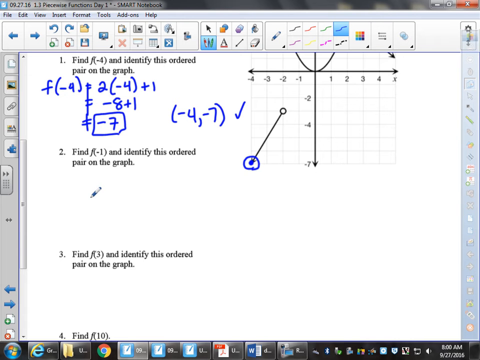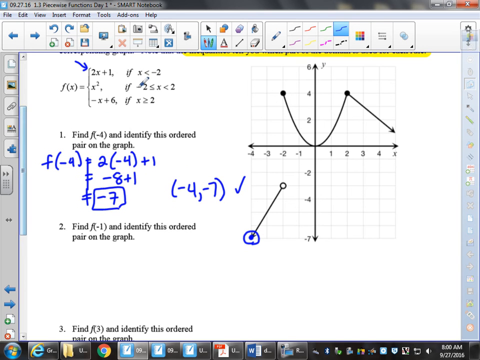First, second, or third? Very good. Why the second? Yes. -1 for x values falls in between -2 and 2. Nice job. So now we know we're using our second one. So f of -1 would be -1 squared, which equals 1.